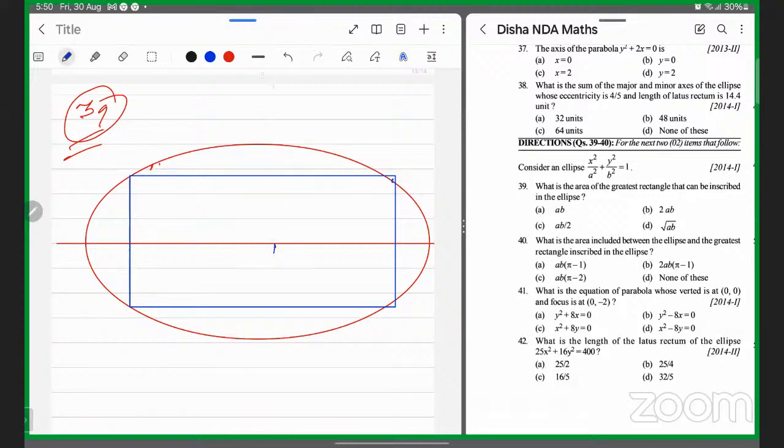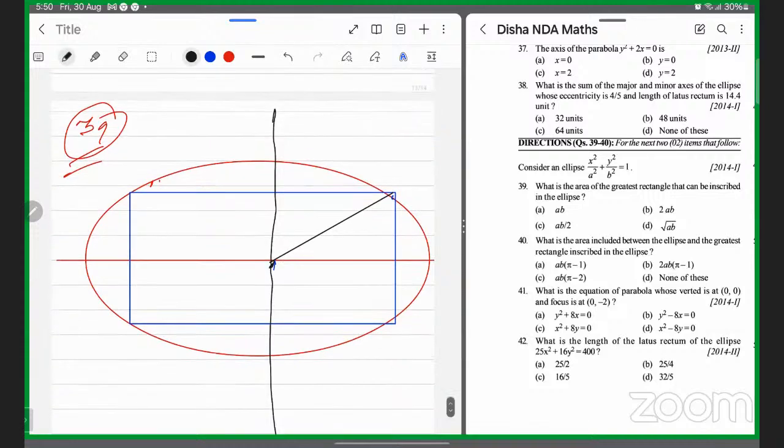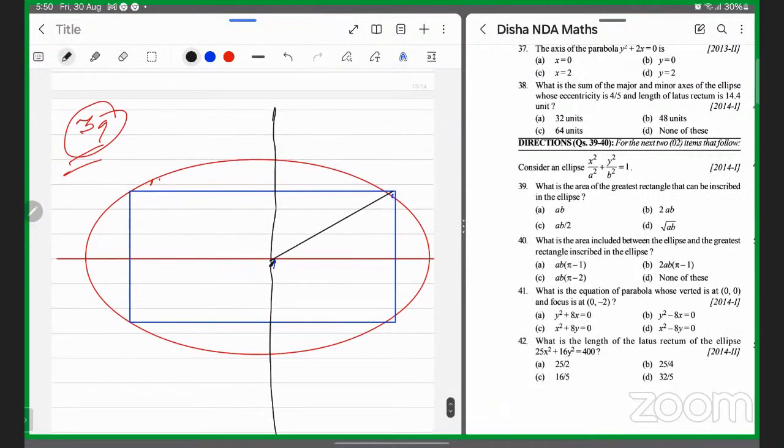So this is the center. From the center you will get this length. I think you should remember the greatest rectangle.